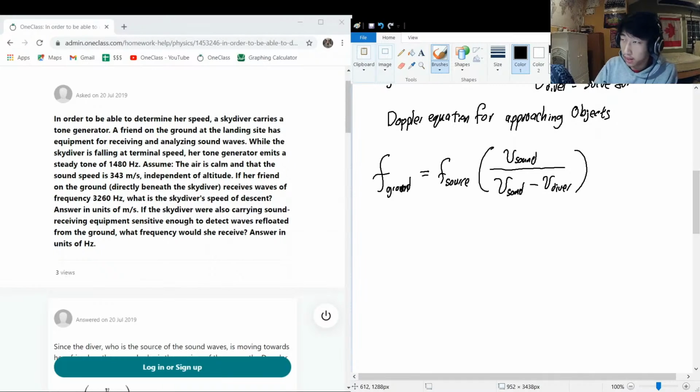If we were in the airplane above, this would be plus instead. So when it's approaching we have a minus in the denominator, and if it's getting away from us, it's a plus in the denominator.